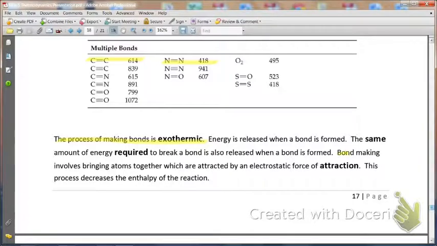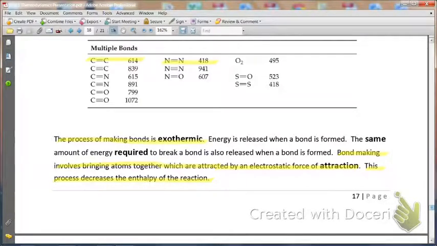Now, bond making involves bringing together atoms, right, which are attracted by electrostatic attractions. And this then overall decreases the enthalpy of the reaction. And this is kind of what we've been dealing with throughout this unit on thermodynamics, is understanding that when atoms come together, they're attracted by electrostatic forces.